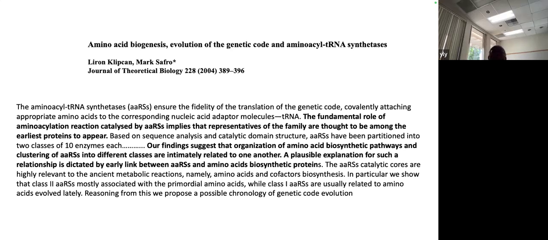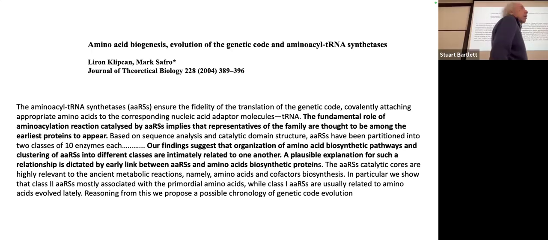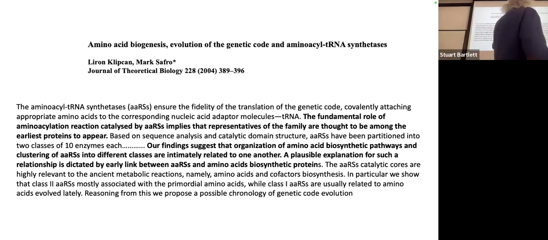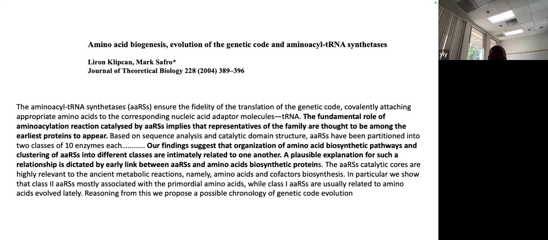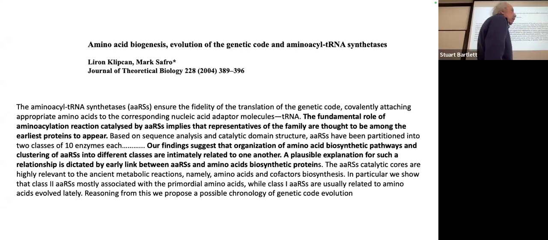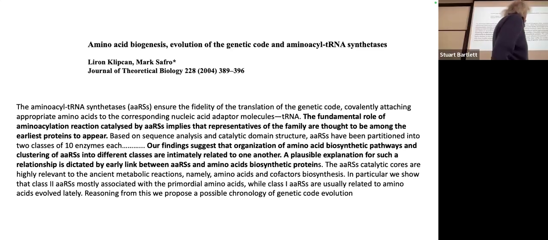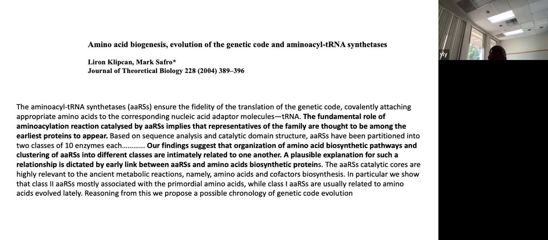The aminoacyl catalytic cores are highly relevant to the ancient metabolic reactions, namely amino acids and cofactors. So these proteins are related to the metabolic factor. In particular, we show that class 2A, which I showed you, is mostly associated with the primordial amino acids, while class 1A aaRSs are usually related to amino acids evolved later.